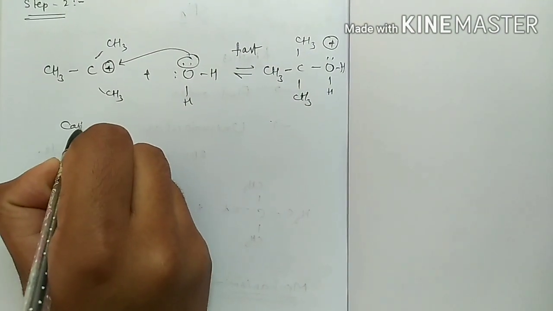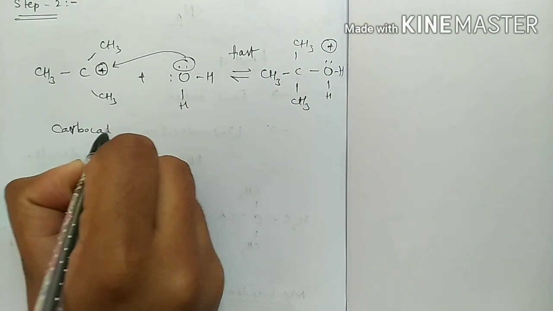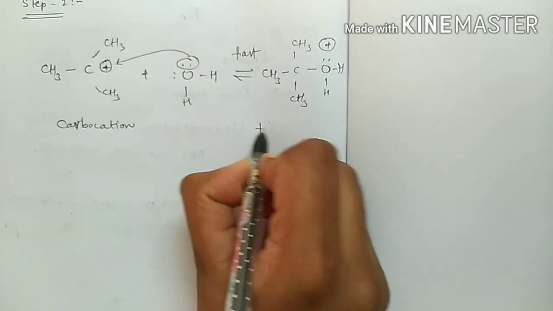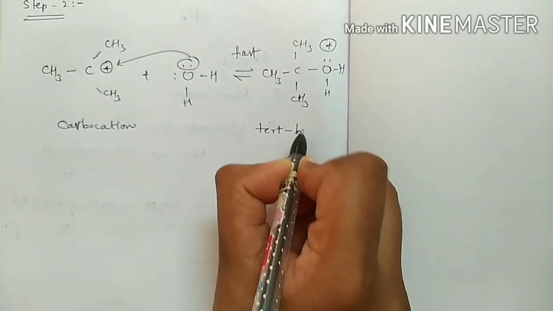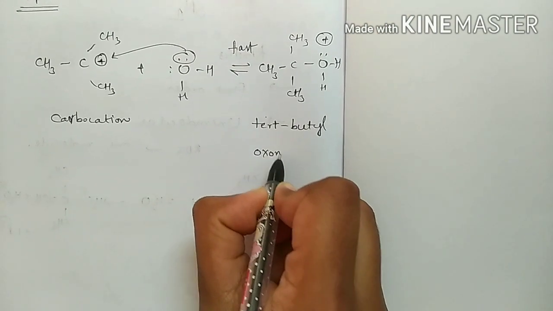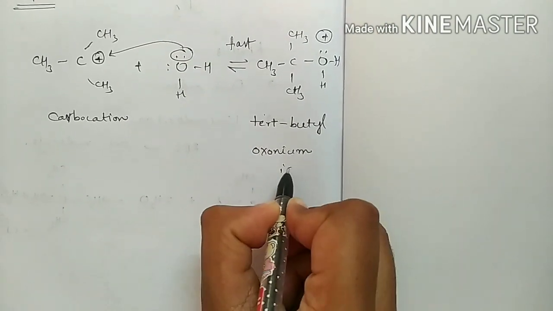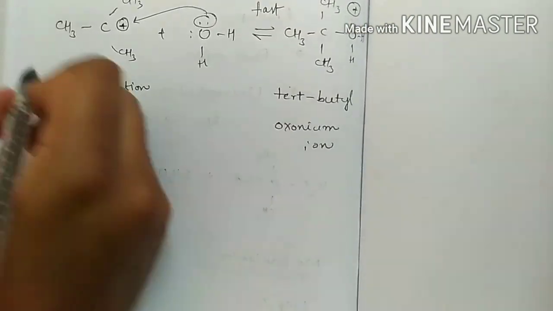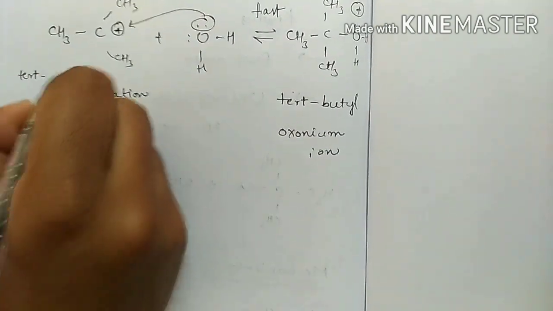This is the carbocation and this is the tertiary butyl oxonium ion. This is the tertiary butyl carbocation actually.